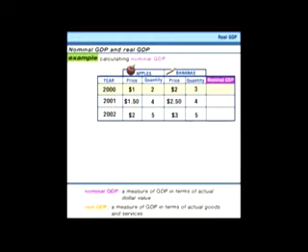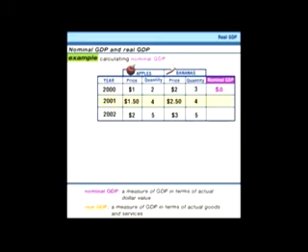Now let's look at the year 2001. The gross domestic product here has changed because the quantities of apples, the quantities of bananas produced have changed, and the prices of both goods are now different than before. So to calculate the gross domestic product, $1.50 per apple times 4 apples gives us a total of $6 spent on apples.